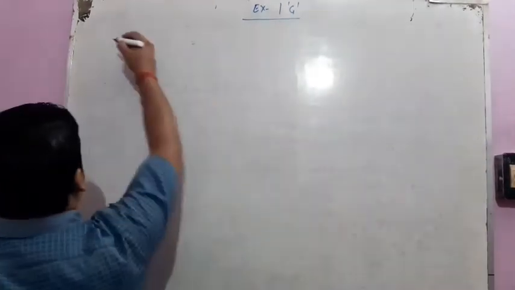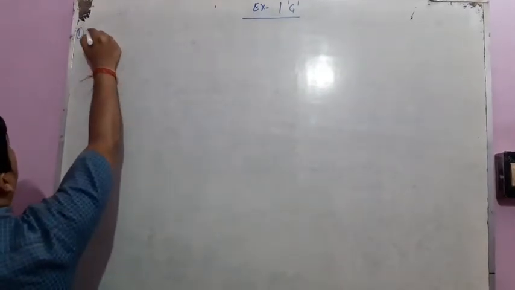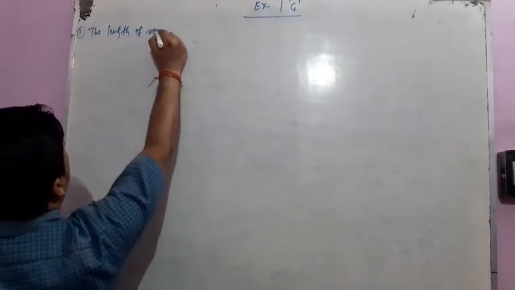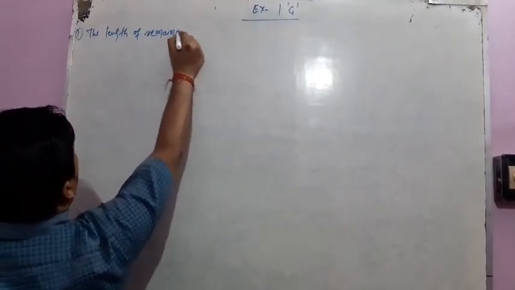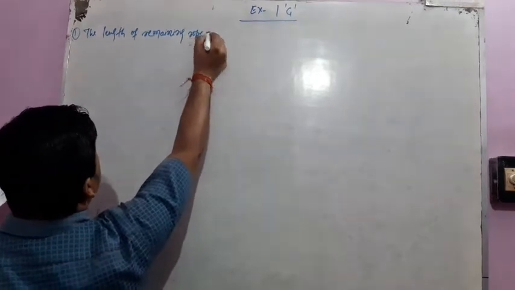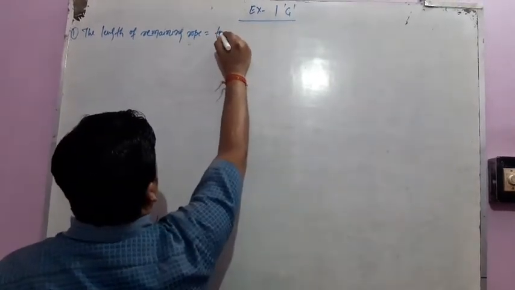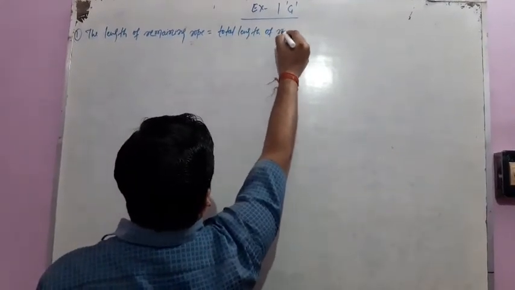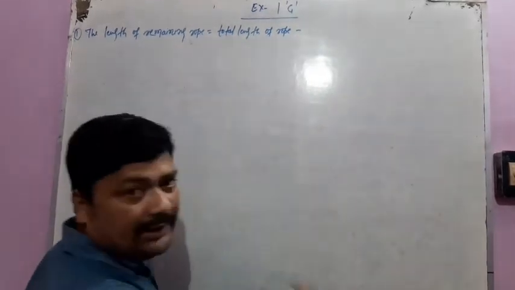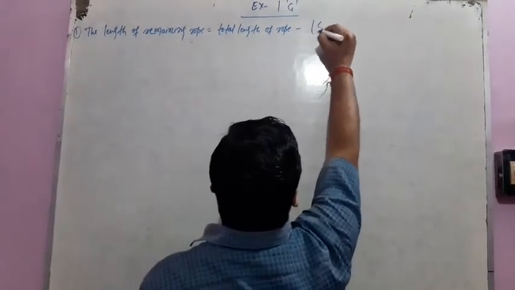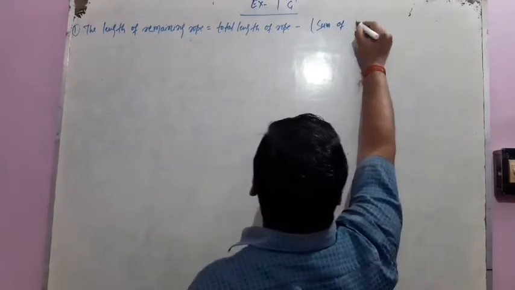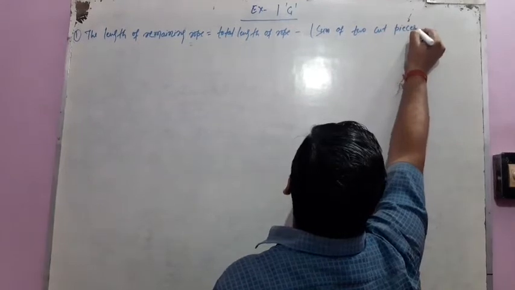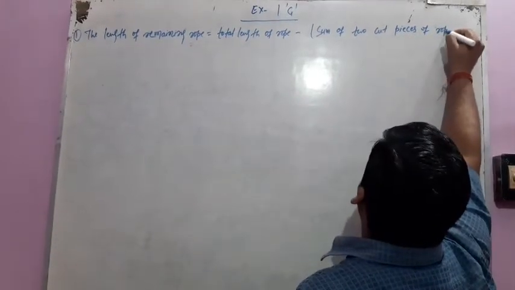So the length of remaining rope, that is total length of rope, from the total length of rope we have to subtract the sum of two cut pieces of rope.